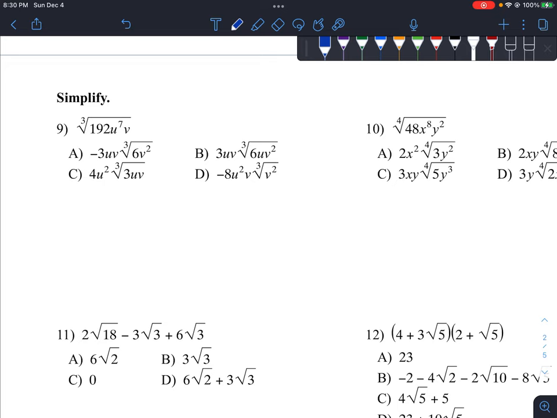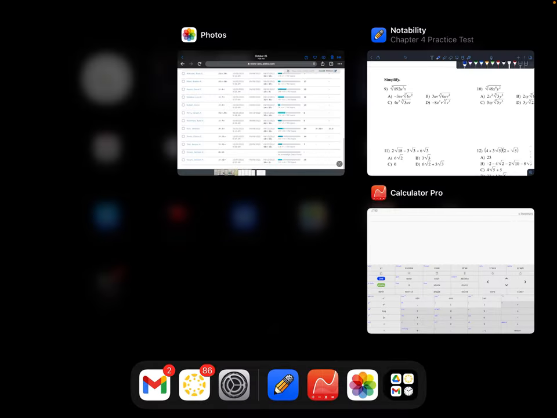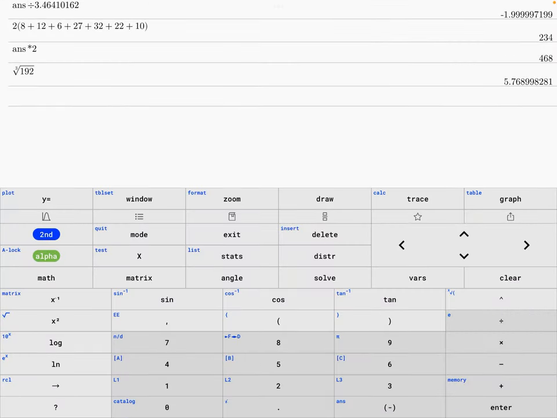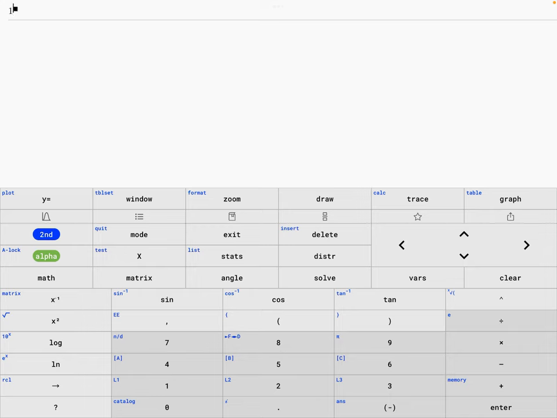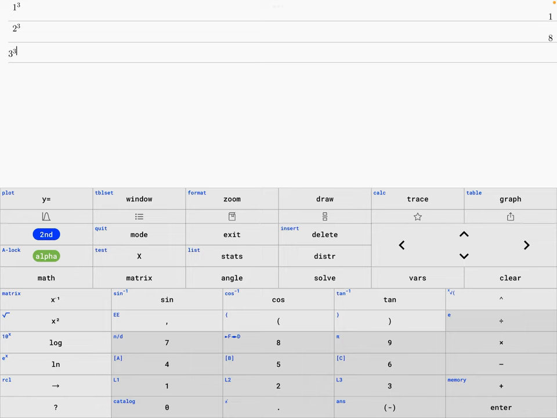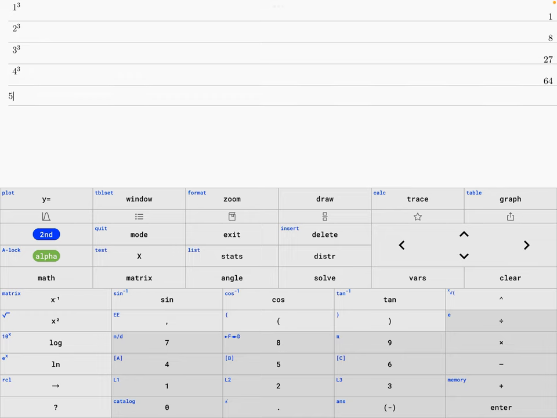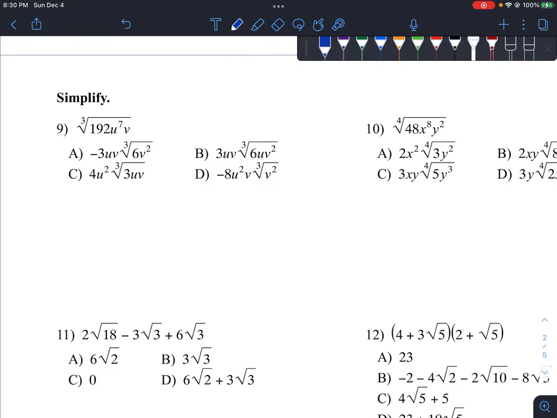Okay, so let me generate a list of perfect cubes. So that's going to be 1 to the third, which is going to be 1. 2 to the third, which is going to be 8. 3 to the third, which is going to be 27. 4 to the third, which is going to be 64. 5 to the third, which is going to be 125. And I think that's a pretty good list right there. So 8, 27, 64, 125.